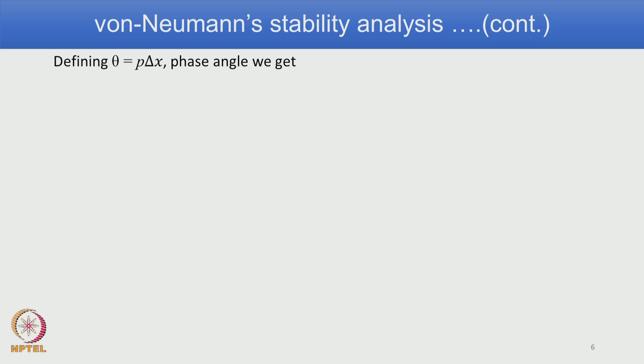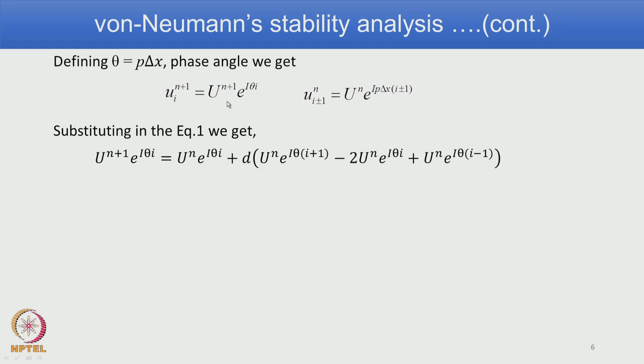So, you also define theta as p times delta x, which is referred to as a phase angle. So, you can rewrite that expression as u of i at n plus 1 equal to u of n plus 1 e power i theta i, similarly for the other terms.